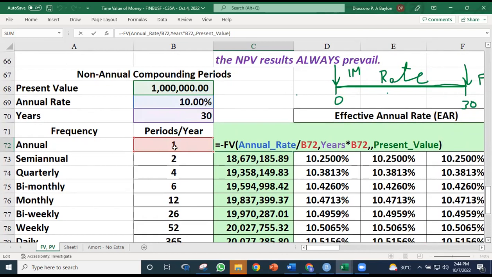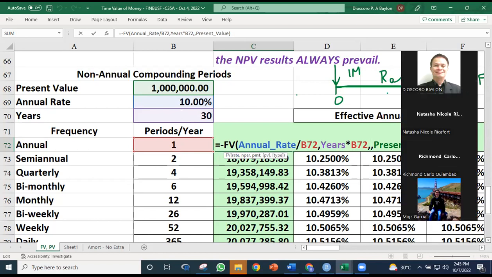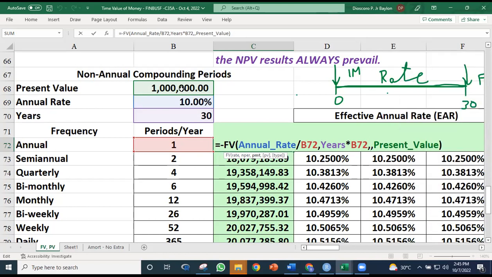Now for annual, the nominal rate will be the same as the rate per year, because for annual you still have one period. So this was the formula that we used. The NPER will be equal to the number of years multiplied by the periods per year, and then we skip the PMT because this is not an annuity. It's just the present value. It says the value now. Okay. Yes, sir. Thank you.